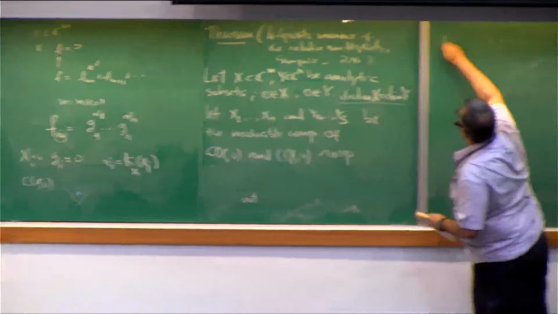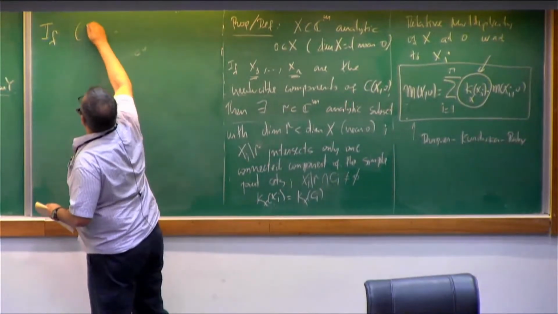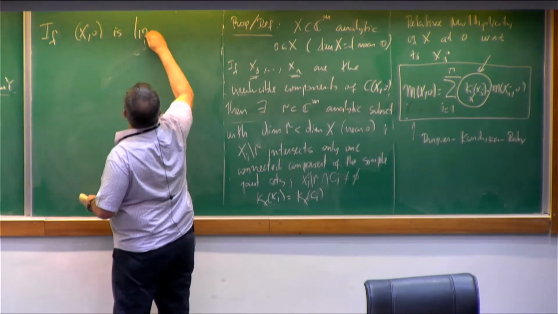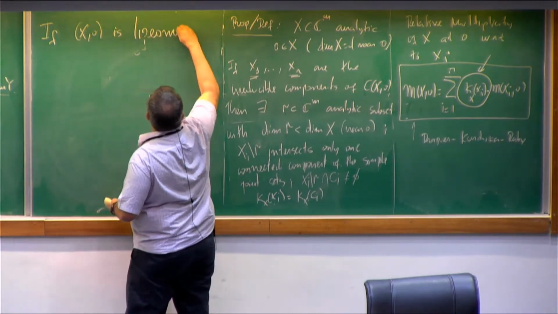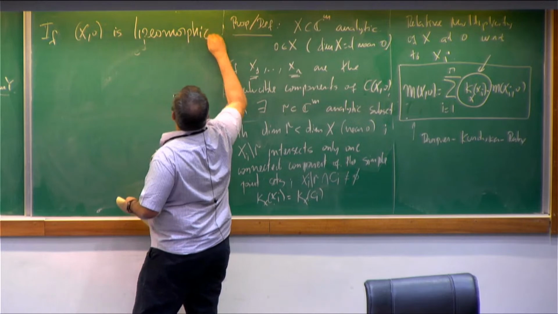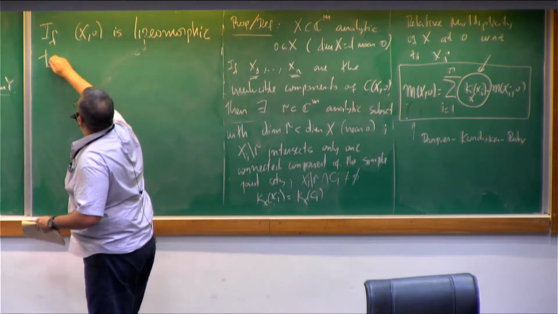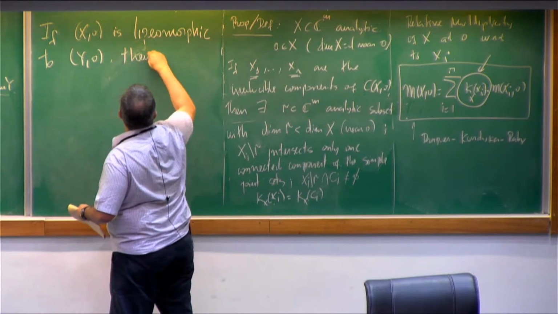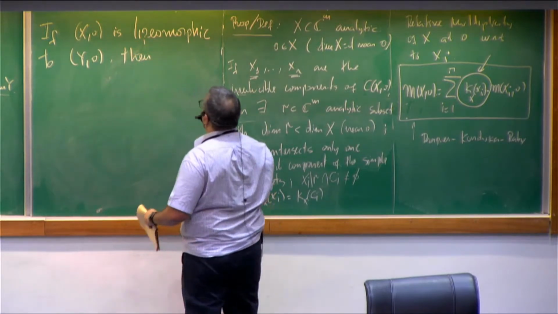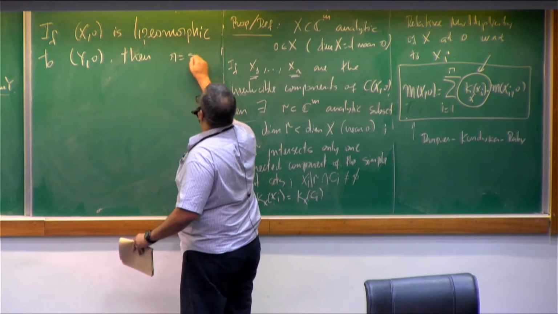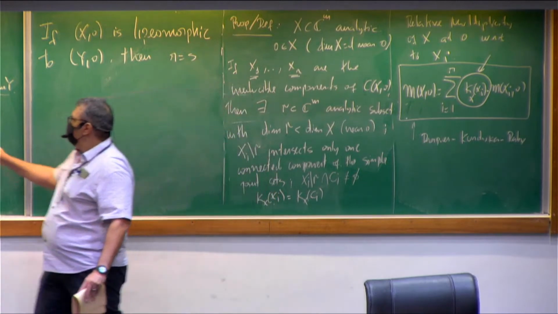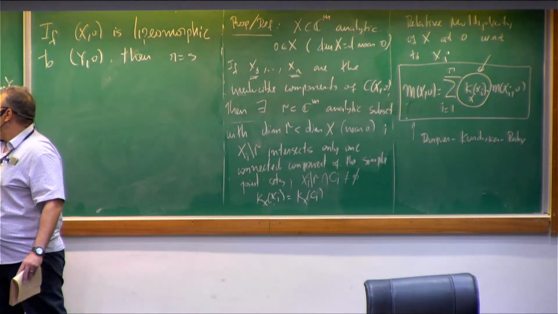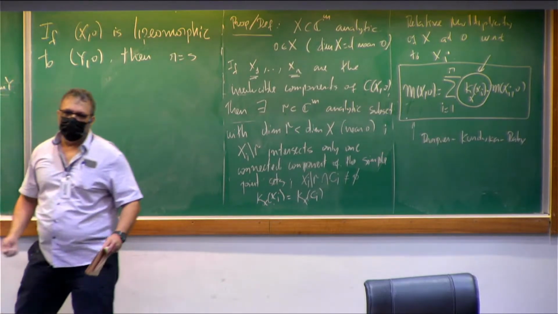If X_0 is bi-Lipschitz homeomorphic to Y_0, then r equals s. The tangent cone of X and the tangent cone of Y have the same number of irreducible components.